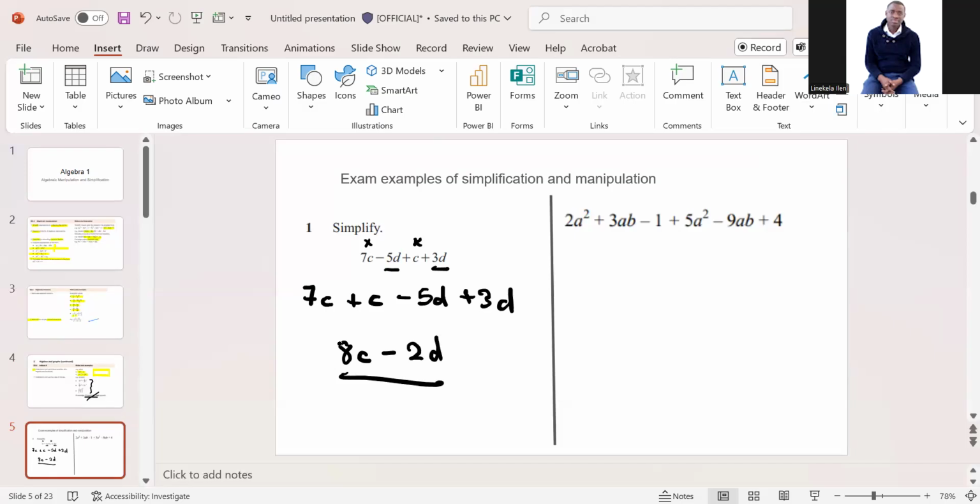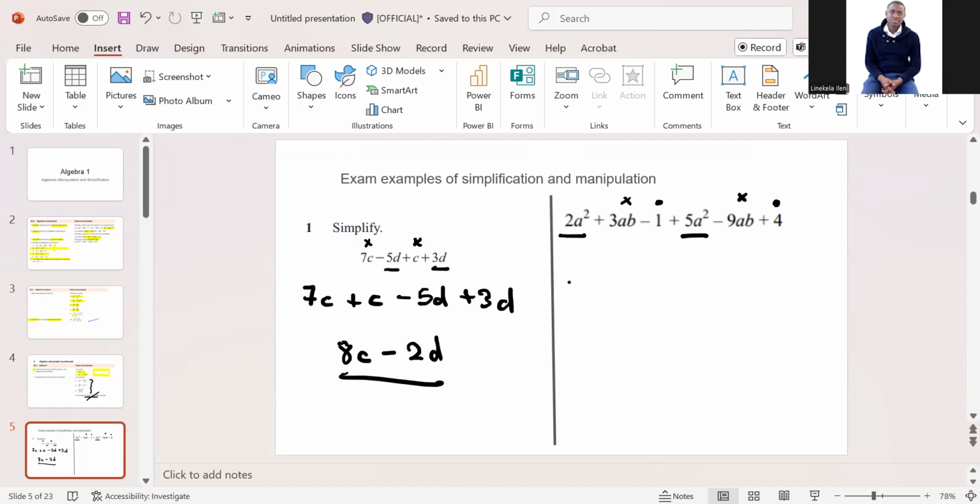So that is simplified. Or you've got something more or less like this as well, where you are told to simplify. I took this one directly from the syllabi. So again, I would want to mark out my like terms. Then I know for a fact which ones I will deal with.